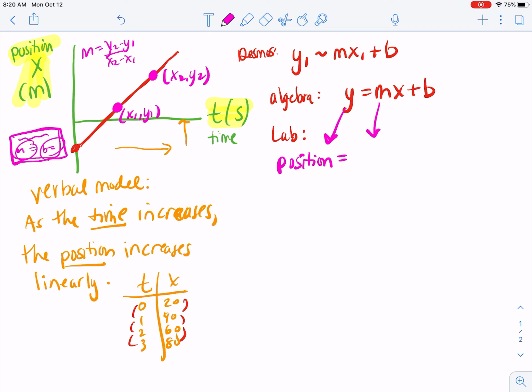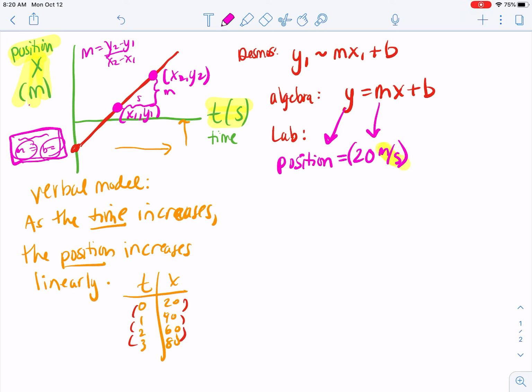So let's say if this were my data, it would be 20 meters per second, and the units are going to be meters per second, because when I go in my rise direction, that's meters, and in my run direction is seconds.